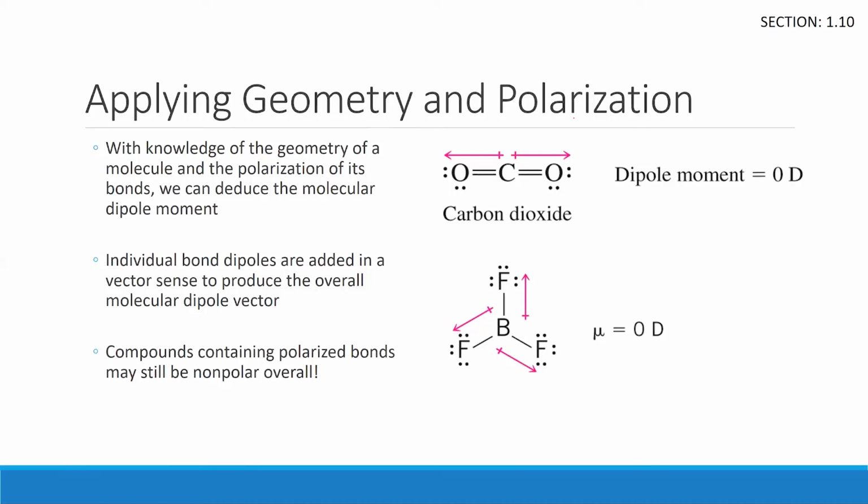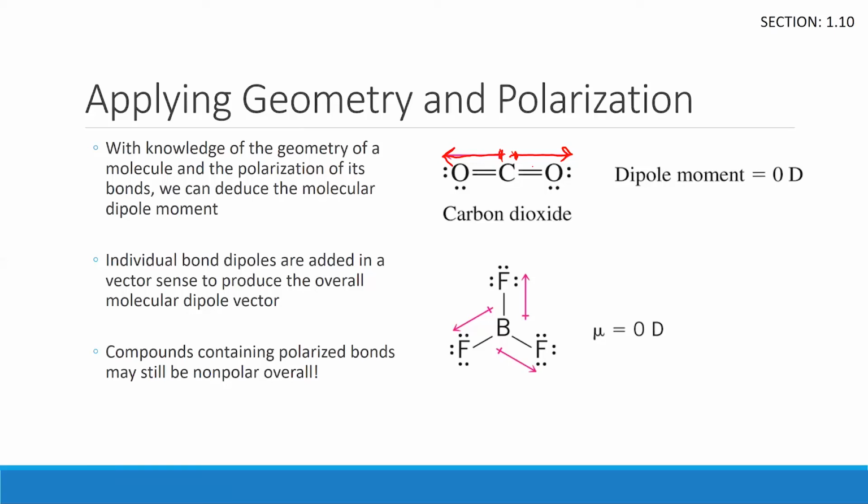So here we have carbon dioxide. Carbon dioxide, we know, has a dipole moment between each carbon and oxygen, in which the electron density is being pulled towards the oxygens. They are more electronegative. But we also know that carbon dioxide is linear based on its molecular shape.